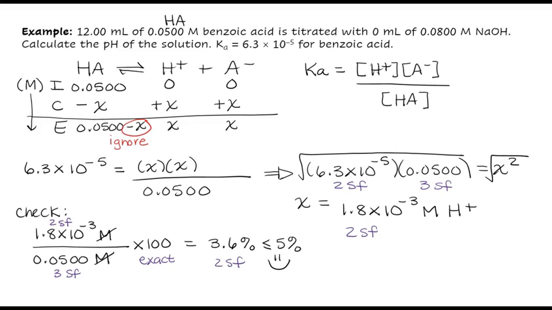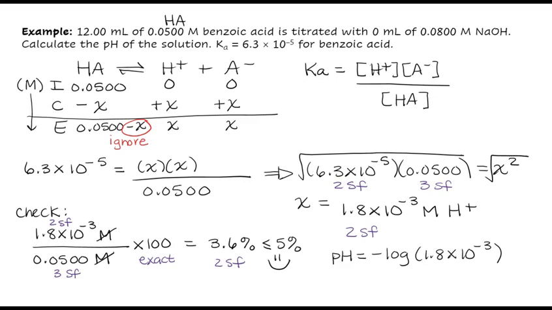But we have one more step to calculate the pH. pH equals negative log of the H+, or negative log of 1.8 times 10 to the negative 3. We don't include the units when we're plugging in to the log because you can't take the log of a unit. We do, however, have to be aware of the rules for sig figs for logs and antilogs.